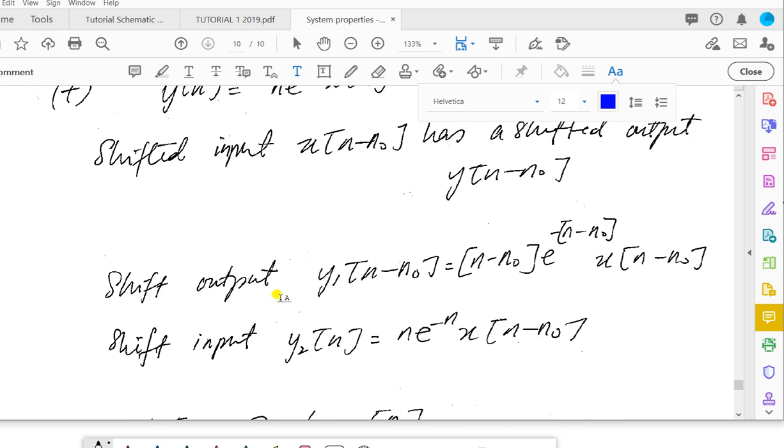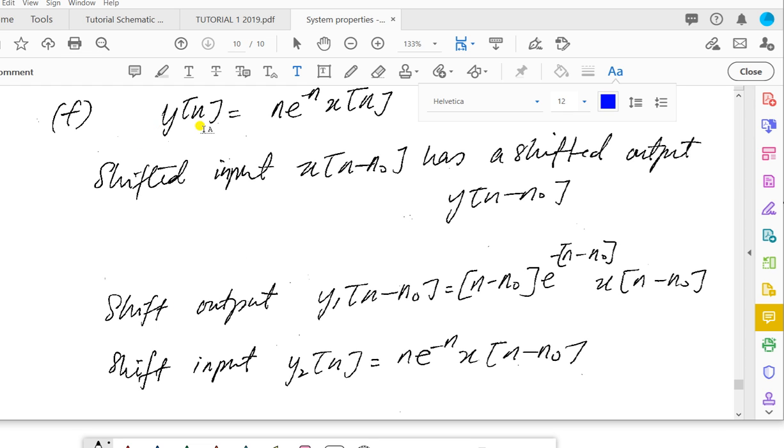Okay, this is another example. So again, for this equation, shift output means that you shift all that is n. Okay, and shift input, only shift xn, or its siblings, meaning that if there are shifted xn already in the system, then you have to shift that also because it is input.